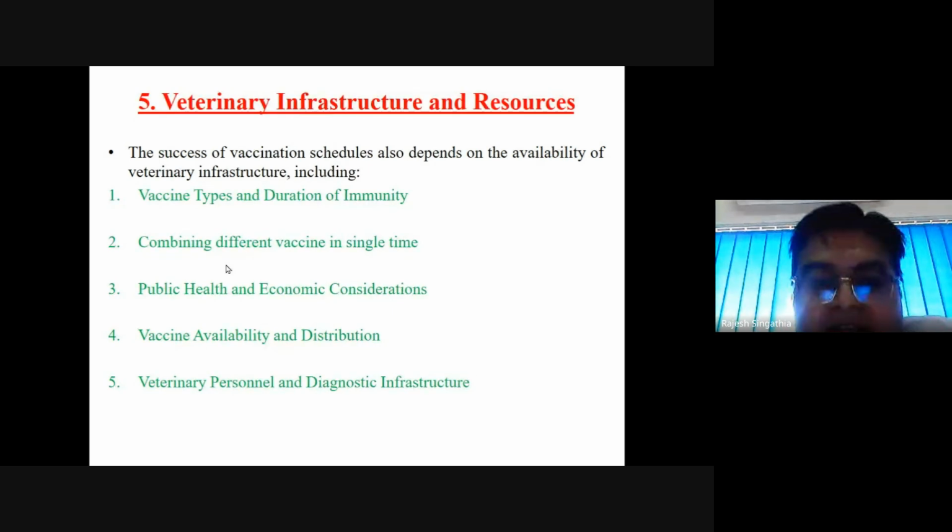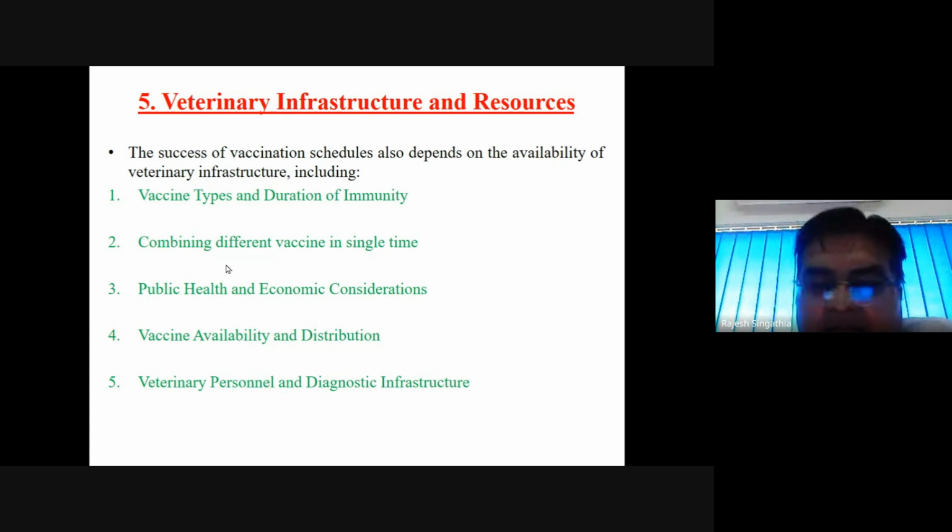Next is combining different vaccines at a single time. There are different vaccines we combine in a single injection, like FMD, HSBQ. So these all three are in one injection, like in cattle. In dogs, Pentavac vaccine is available. Next is public health and economic consideration.